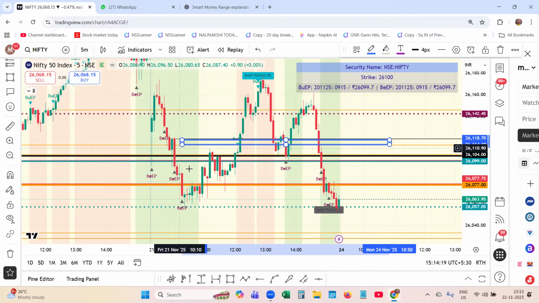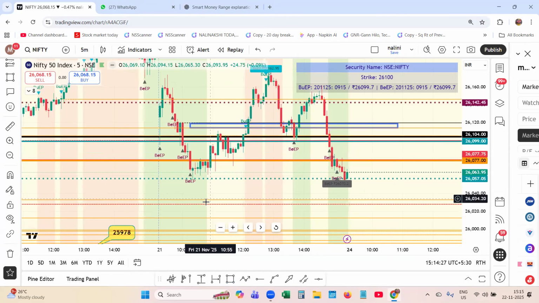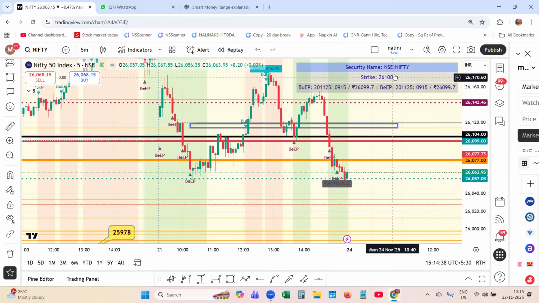So when the market comes down to this level, support level, this is the straddle over here on an intraday as well as this is an hourly straddle. These lines will not be reflected in this. Microstructure will not be reflected in the original EP reflection option.